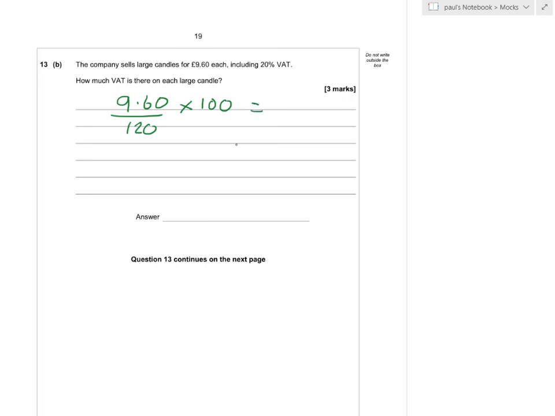Reverse percentage, it's called. 9.6 divided by 120 times 100 is 8. So £8 is the price of the original candle. So then I do £9.60 take away £8, which is £1.60 VAT.